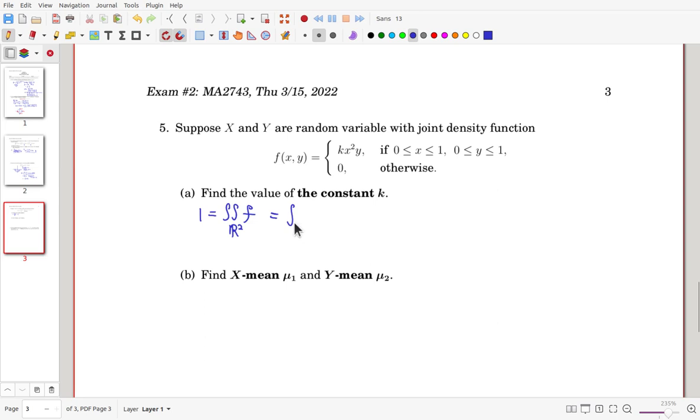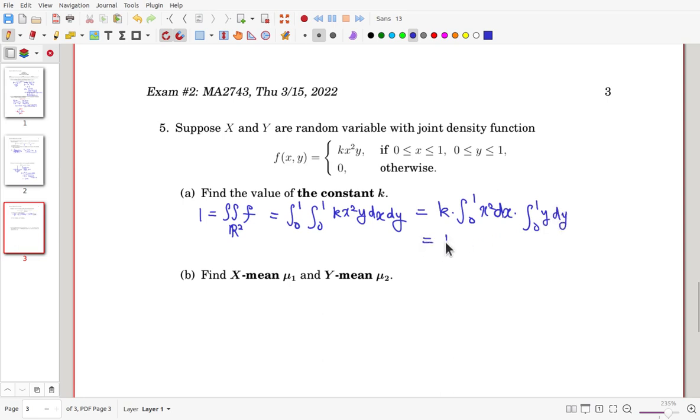So x is moving from 0 to 1, and y is moving from 0 to 1, and the integrand is k x squared y dx dy. Right? It is separable, and k is constant. In the x direction from 0 to 1, x squared dx. In the y direction again 0 to 1, y dy.